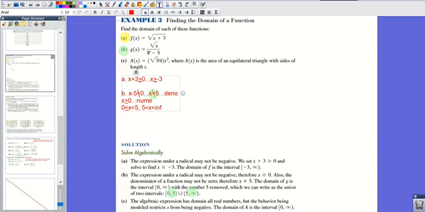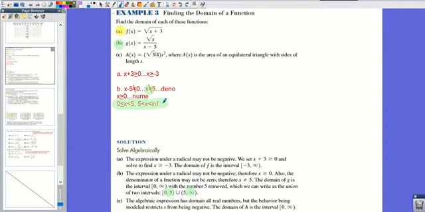Let me be quiet and see if you understand this green highlight. If I combine the denominator and numerator restrictions, that's how I got the green highlights here.